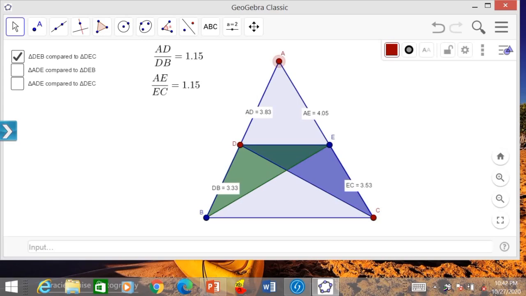Now see here, to prove Thales theorem, we need to compare these two triangles. Look at triangle DEB and triangle DEC.